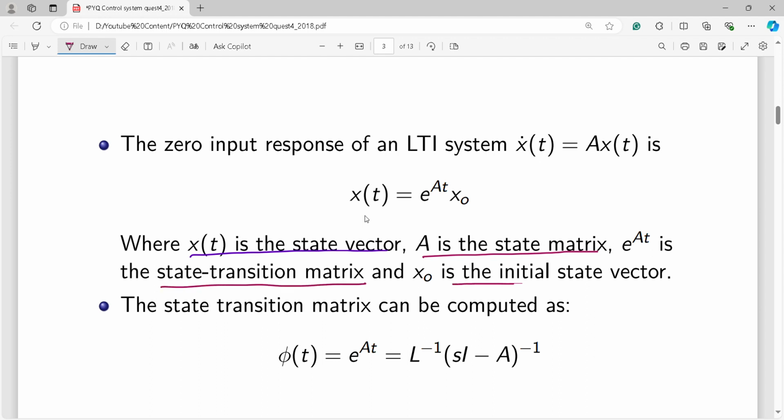Here x1(0) and x2(0) together make up x0.